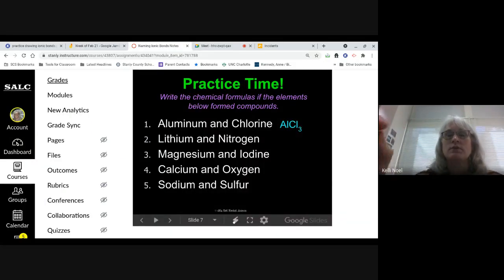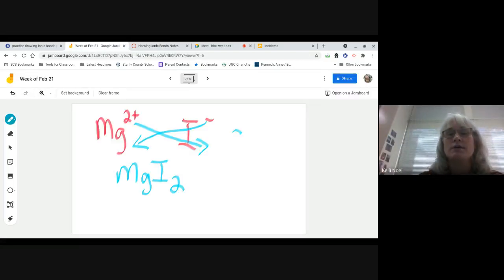Calcium and oxygen. So let's go here. Calcium is Ca2 plus. Oxygen is O2 minus. It has 6 valence electrons, and it needs 2 more.